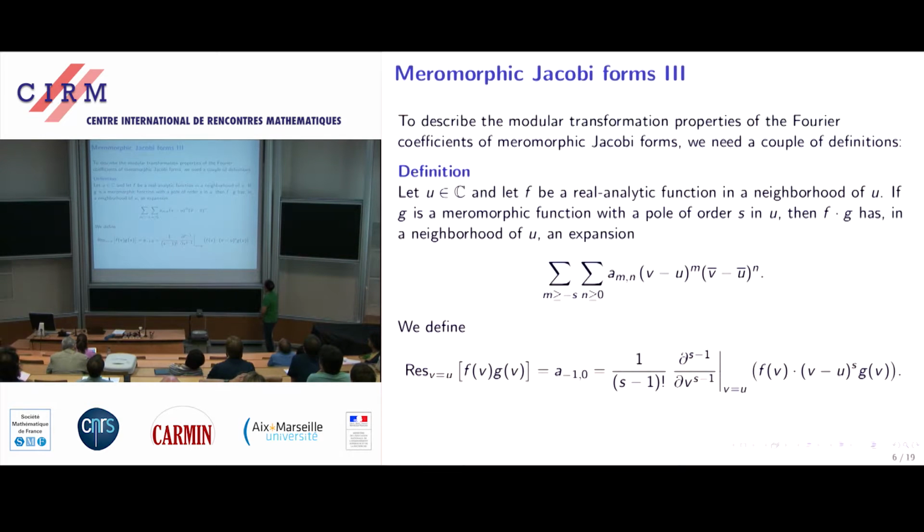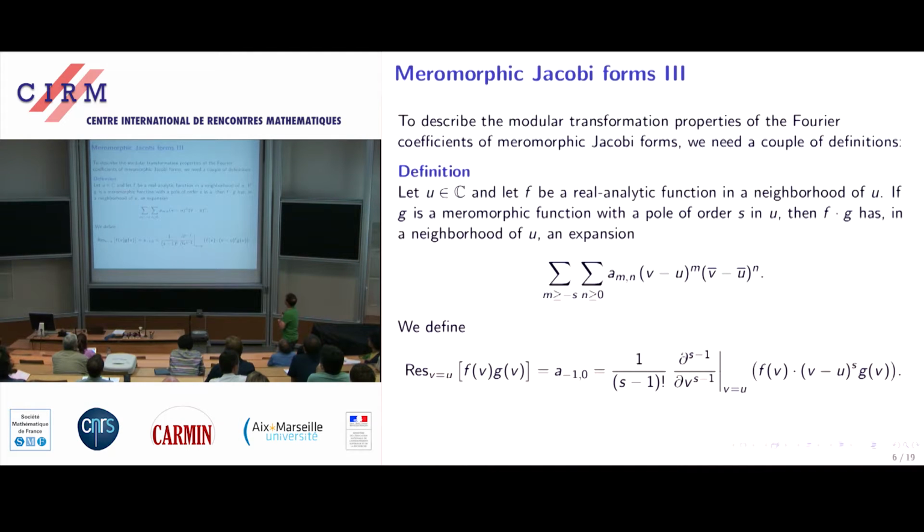I'm going to formulate the result, what this thing actually is, and I need a slight generalization of the usual notion of a residue, because we're going to consider functions which are not always holomorphic. We're going to look at some real analytic functions, and so you want something like a residue.